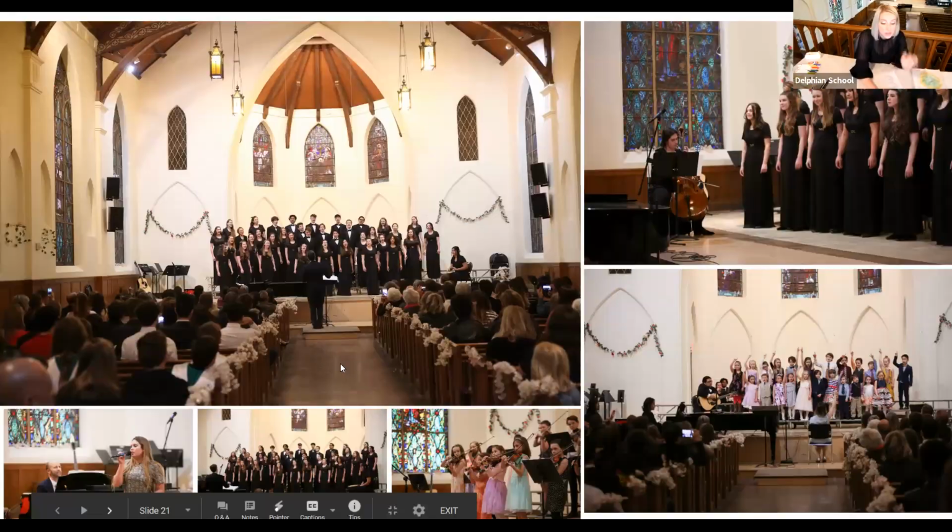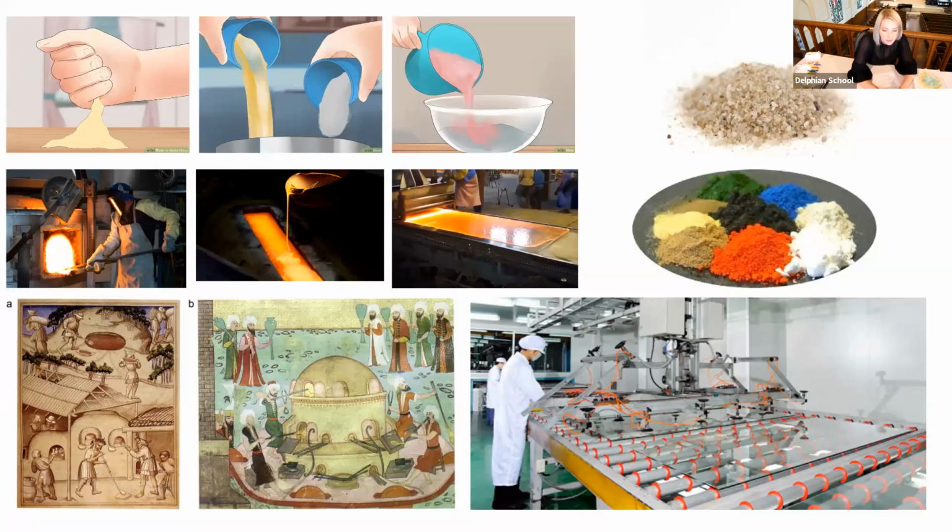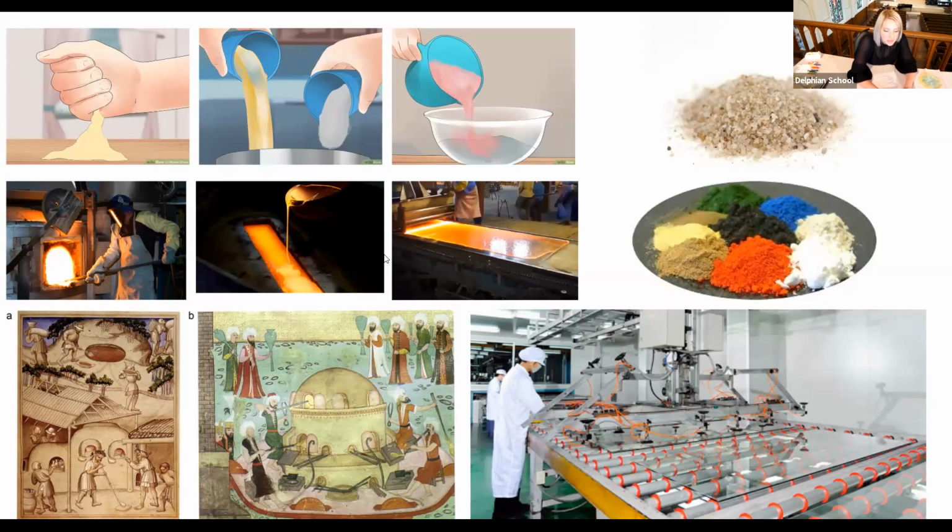Okay, so now we're going to talk about how stained glass windows are made. So glass actually is made from sand, and the sand is called silica, and the different colors are achieved by using ground up metals that they add to the sand. And when they cook it, the metals change the color of the glass. So they mix it all together, and then they put it in these really, really hot ovens that are so hot that they melt the sand into liquid glass.